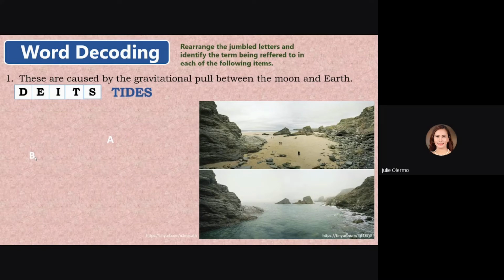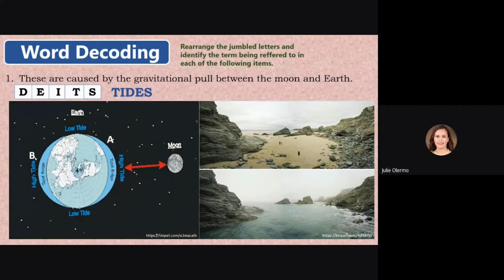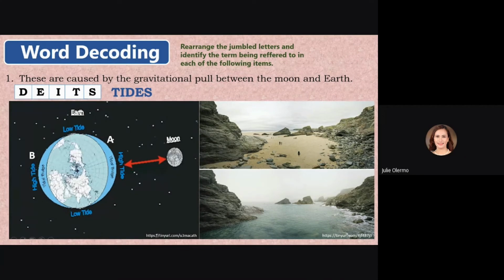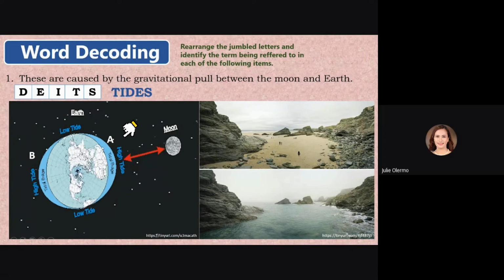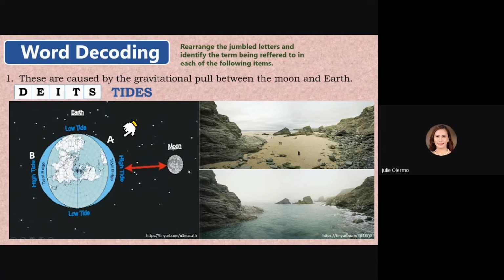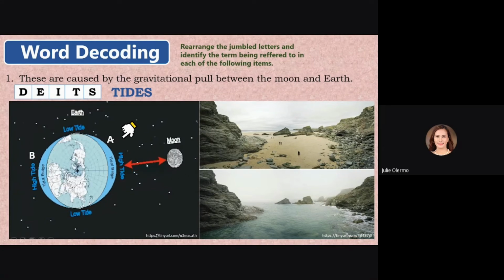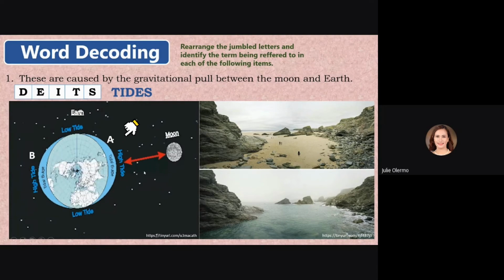That is the reason for high tide in point A: the moon's gravity pulls the ocean toward it.